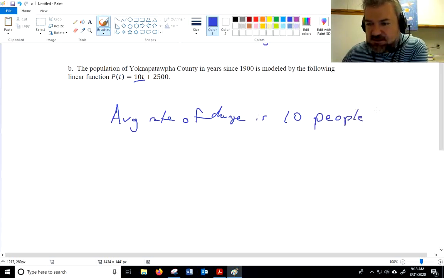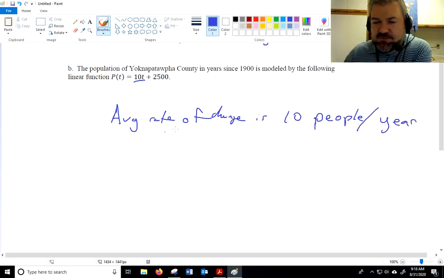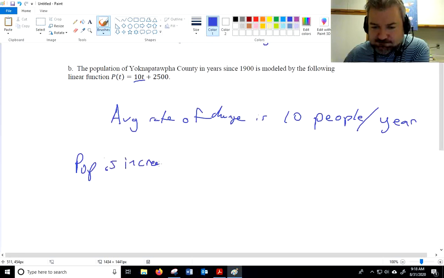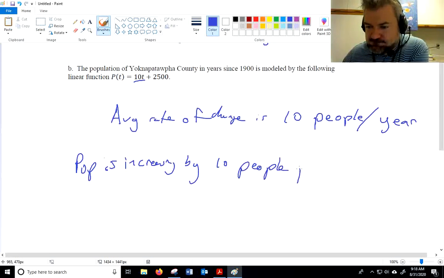We're talking about population. That's people per year. So what that means is that the population is increasing by 10 people every year on average. Cool.